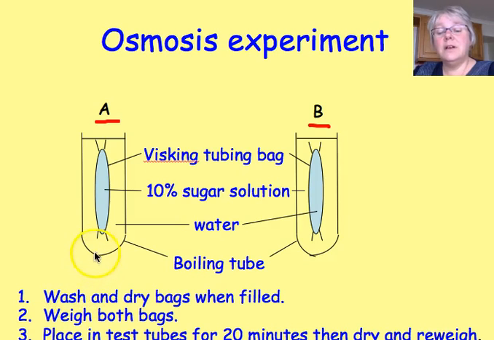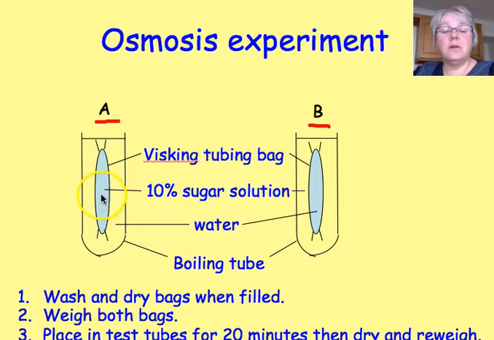And then they're weighed, and then they're put into the test tubes. So we've got starting weights for both bags. Then the test tubes are left for 20 minutes, and then the Visking tubing bags are taken out, dried, and reweighed. They're dried just to make sure that there's not any of the surrounding solution on them that would affect the results. So the question is, which one's going to gain weight and which one's going to lose weight?